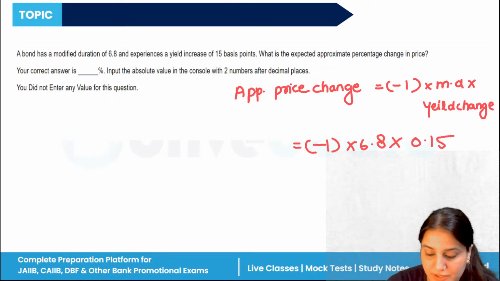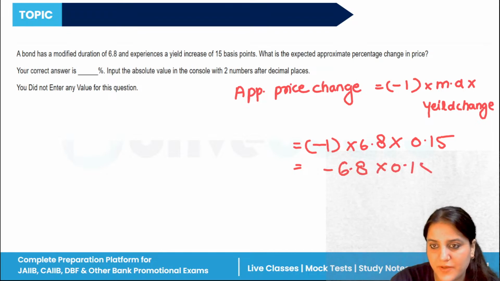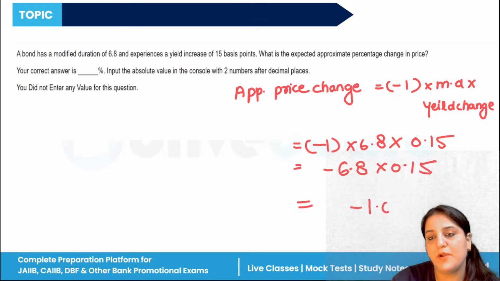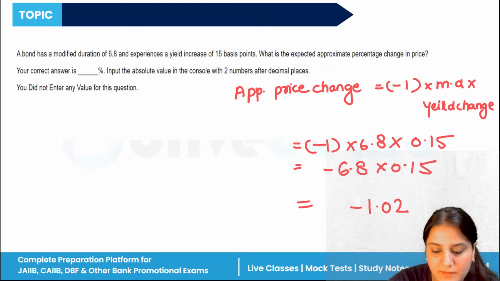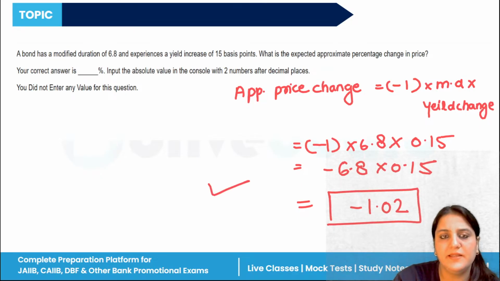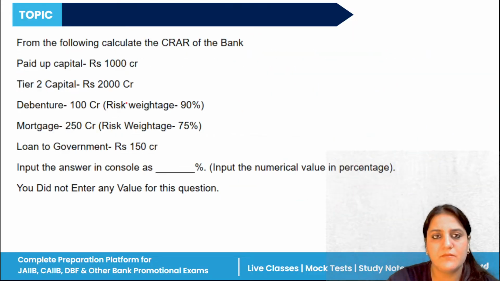Let's do the calculation here: 6.8 multiplied by 0.15, and after calculating this we get minus 1.02. This is the answer, that is basically the price change here. Clear? Now this question is done.